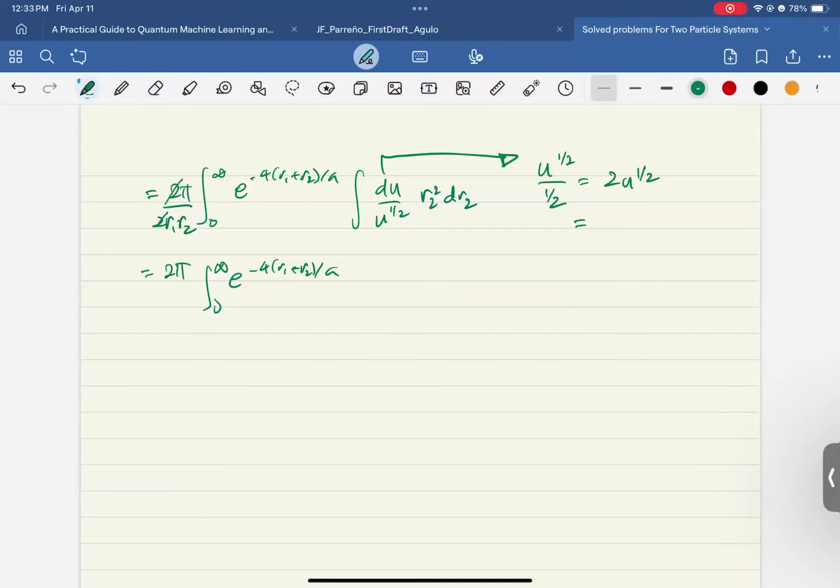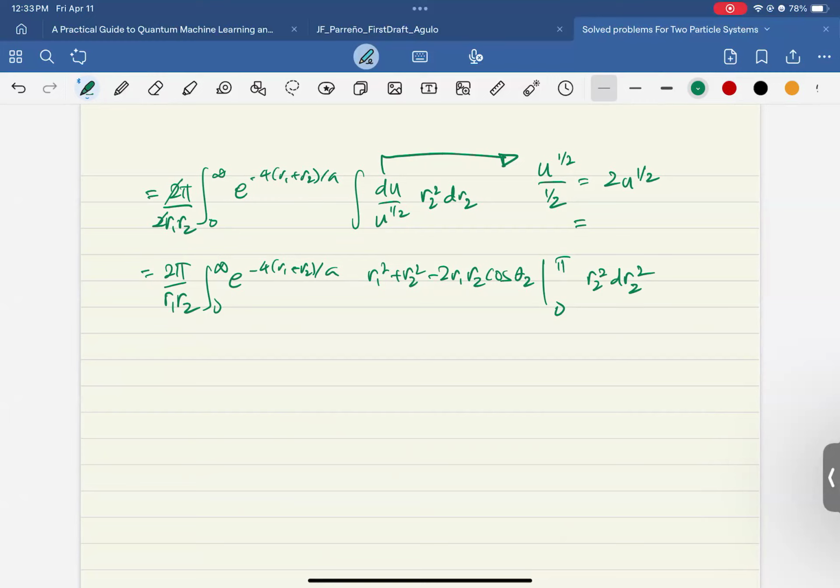So we have 2 pi r1 r2. Okay, and then square root ng r1 squared r2 squared minus 2r1 r2 cosine theta 2 evaluated from, sabi natin 0 to pi, okay, and then r2 squared dr2.